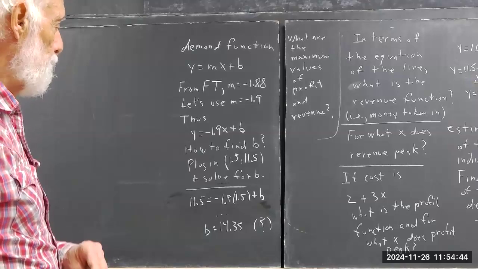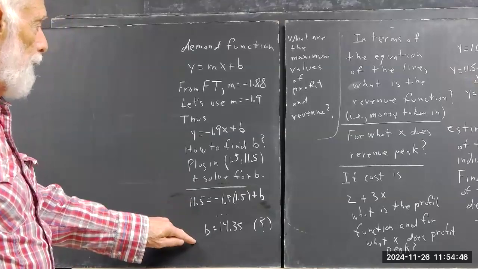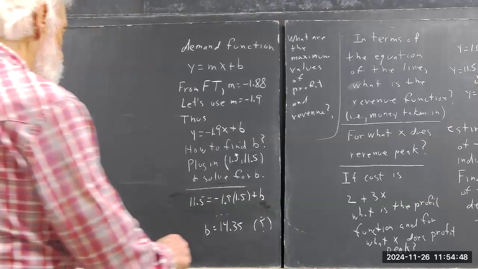And finally, we get something that makes a little bit of sense. Now, why does this make sense? Well, what do we do next? We plug that into this equation.